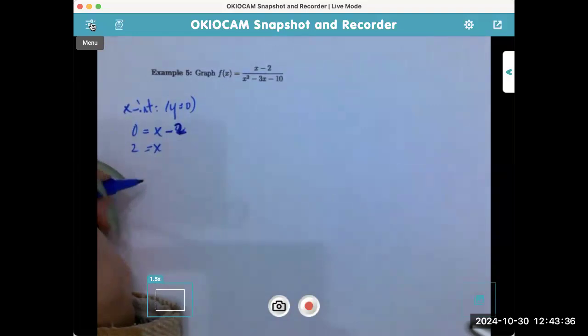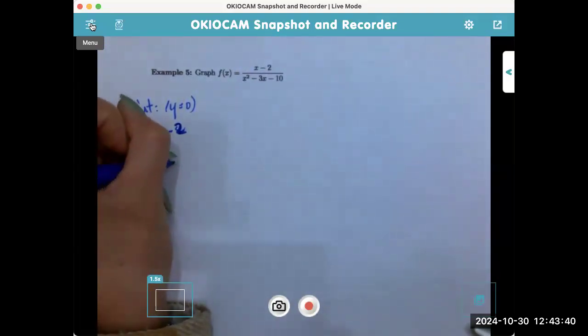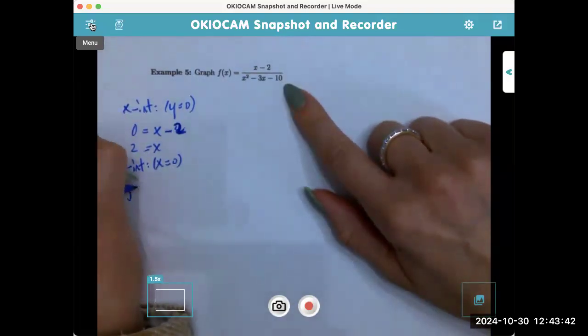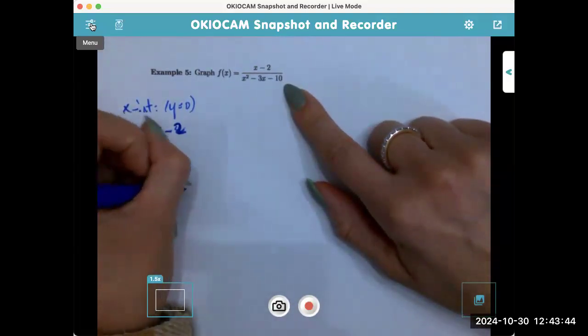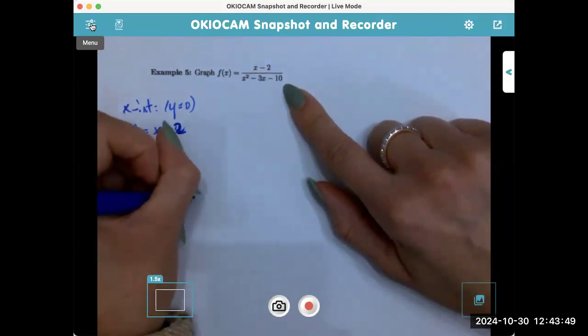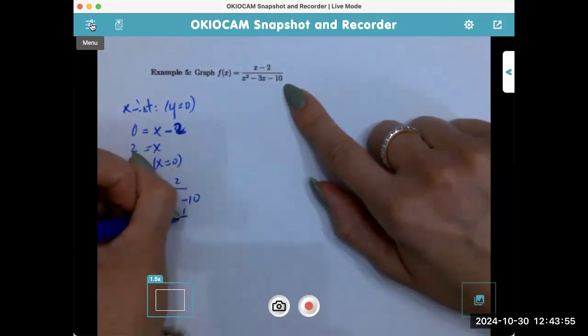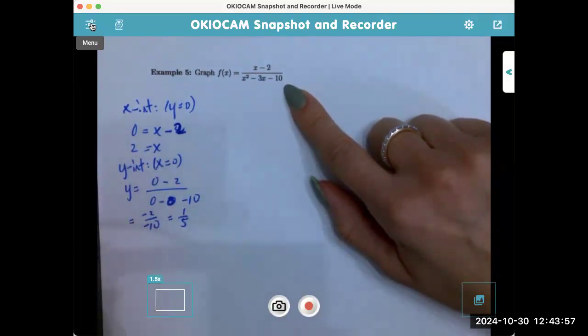So I have an x-intercept at 2. My y-intercept, remember that's x equaling 0 forever and always. Y equals 0 minus 2 over 0 minus 10. So this is -2 over -10, or a positive 1/5. Nice.